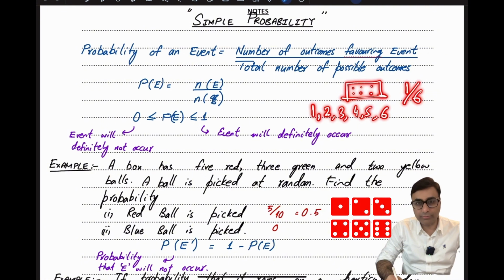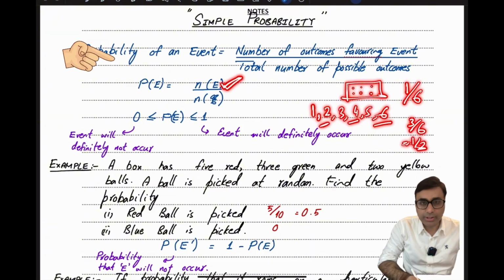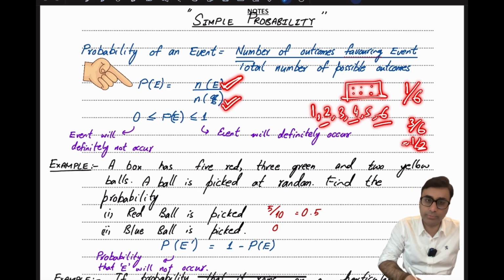And if you want to calculate the probability of getting an even number, there are 3 faces which have even numbers on them. So the probability of scoring an even number is going to be 3 upon 6, which could be simplified as 1 upon 2. You put in the numerator the number of outcomes which favor a particular event, divided by the total number of possible outcomes.